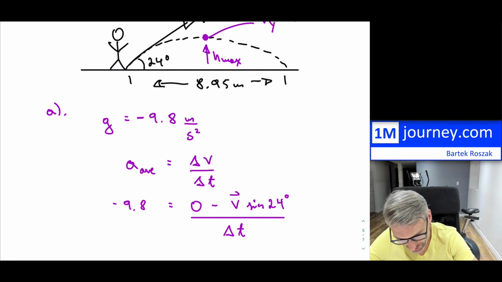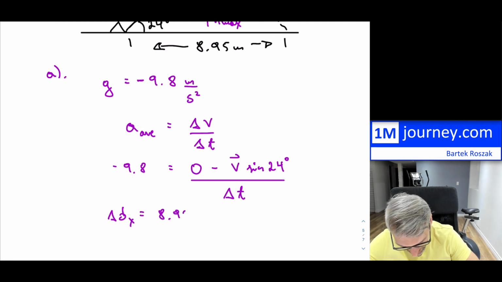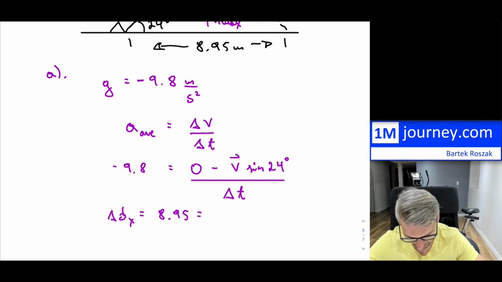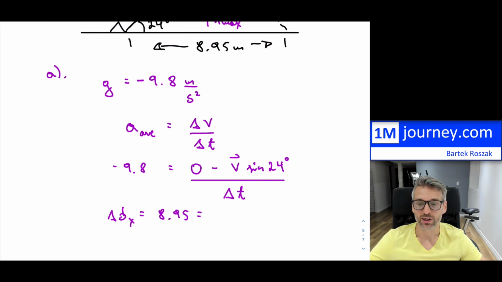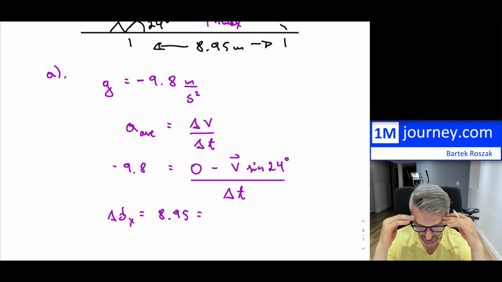I do know what the horizontal distance is. So my displacement in the horizontal, which is equal to 8.95, is equal to the horizontal velocity multiplied by the time that it took for the entire duration.